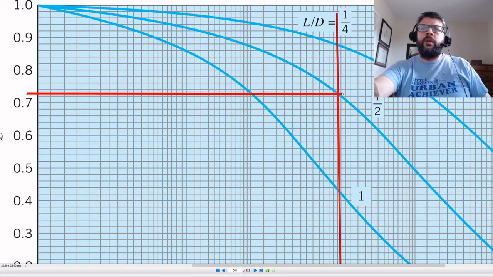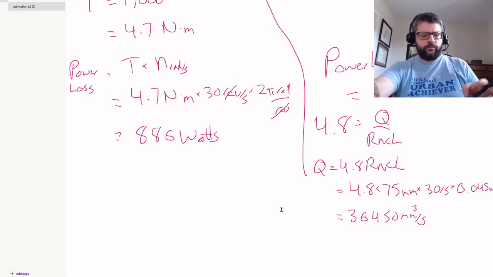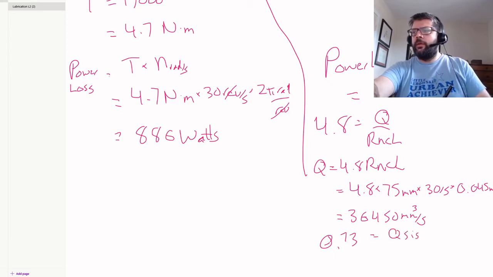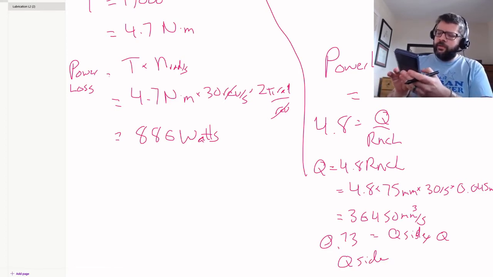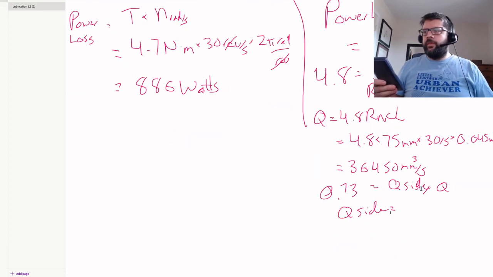That looks to me to be about 0.73, let's say. 0.73 is equal to Q side over Q. So Q side is equal to 0.73 times the value we had just previously calculated, which is 26,600 millimeters cubed per second.